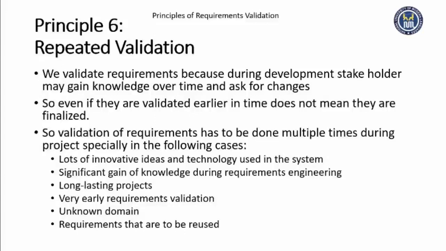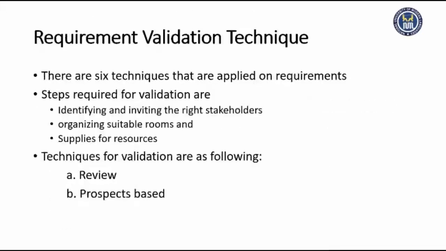Let's move on and check out the validation techniques. They are very important. There are a total of 6 validation techniques for the requirements, and these techniques are basically divided into two parts, the review and the perspective based. Before we move on to the techniques, there are certain things that need to be considered.